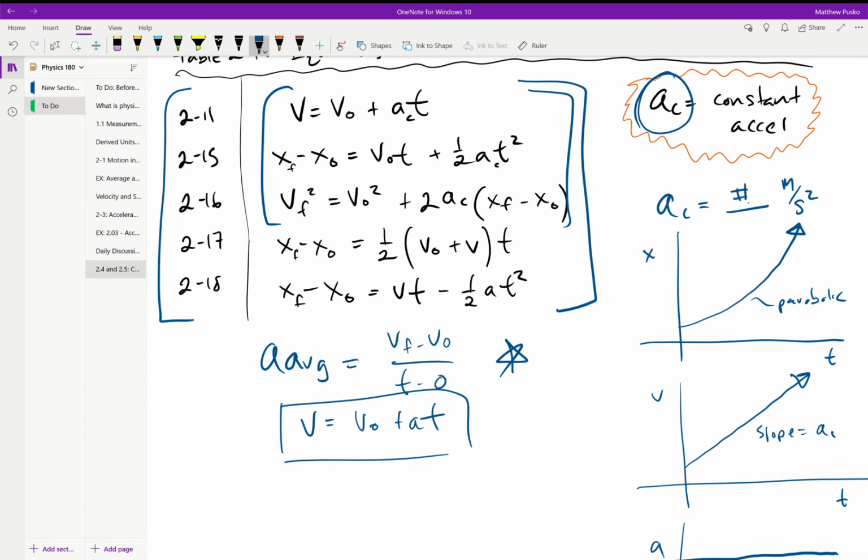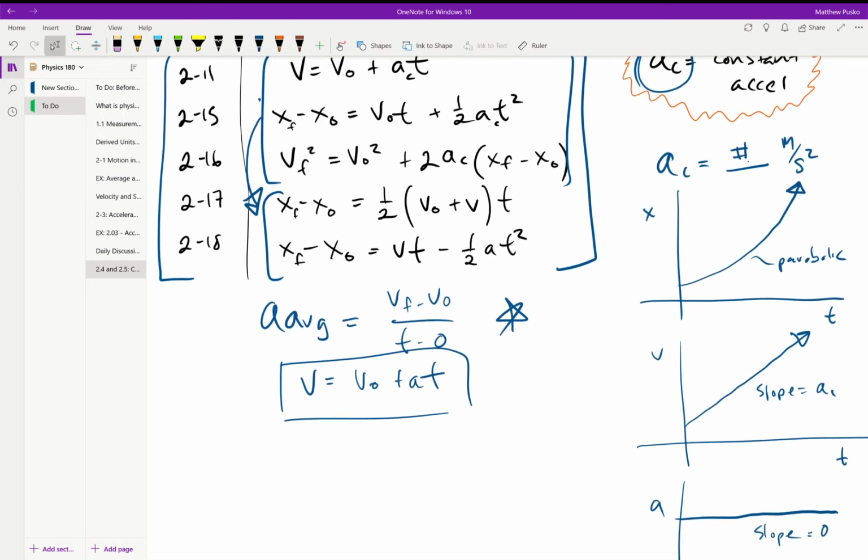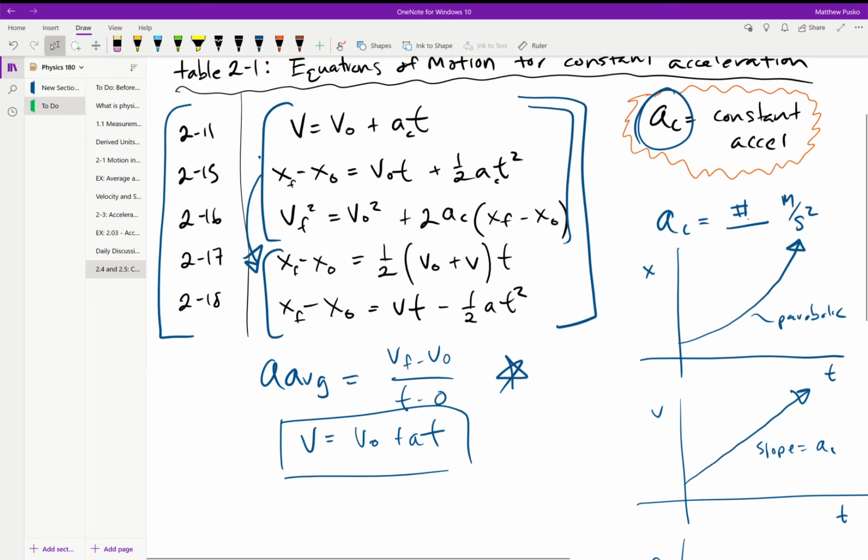It all depends what we're given. There's every different case you can think of. But you can get these two equations from those. What I'm going to do for you is show you how to get those top three equations. The bottom two are just by eliminating a variable using algebra. So let's get those top three. This one right here, this one right here, and this one right here. And let's use calculus to do it.